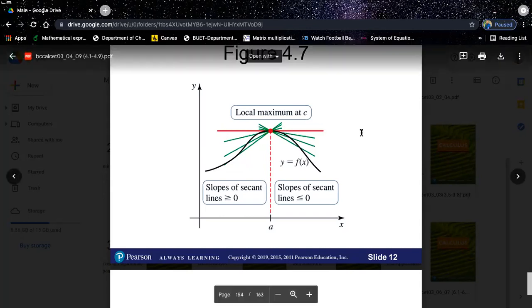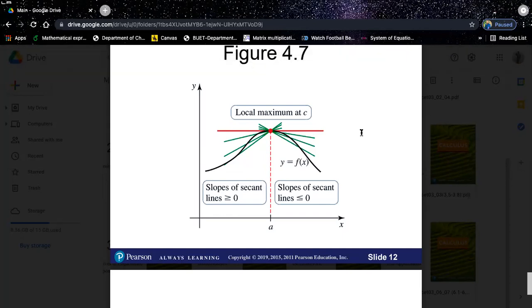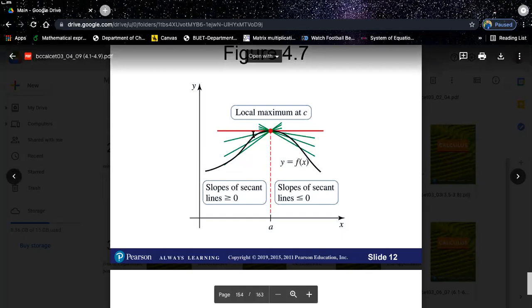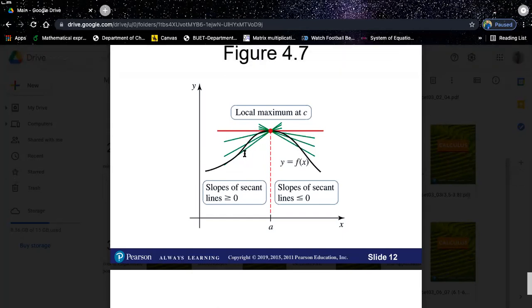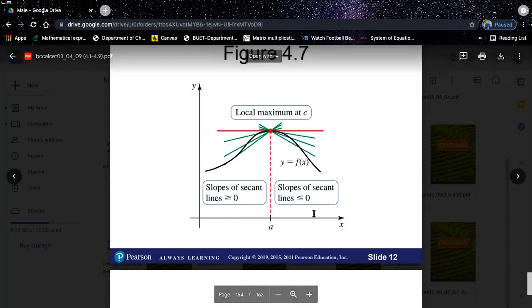Whenever it's a maximum point or a minimum point like this, when you can see a change of direction before and after the point, if you draw a tangent line, it will always go parallel to the x-axis.